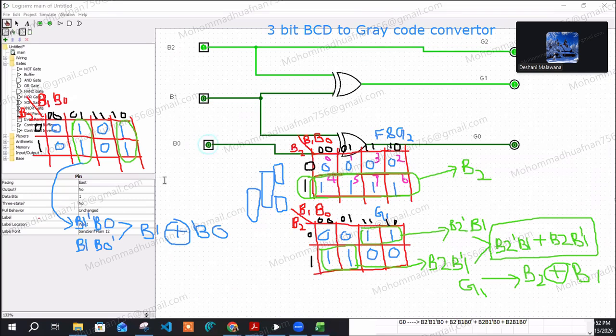That's how we have to minimize the equations of the converter through the K-map. Other than that, it is going to be complex, not a little bit, so much complex. If we use the K-map and reduce the size of the equation, then it will be easy like this. That's what I need to show you.